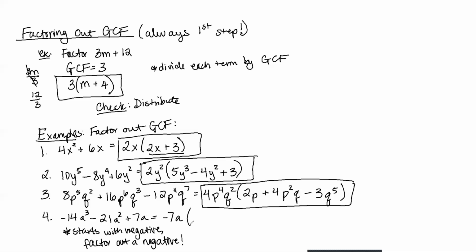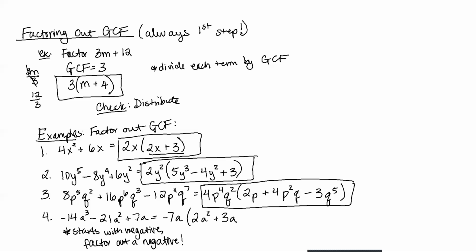And now this one, you just have to be careful with your signs. Negative 14 divided by negative 7 is a positive 2. We have 3 A's, getting rid of 1, left with an A squared. Negative 21 divided by negative 7 is positive 3 plus 3A squared, getting rid of an A, we're left with 1A.